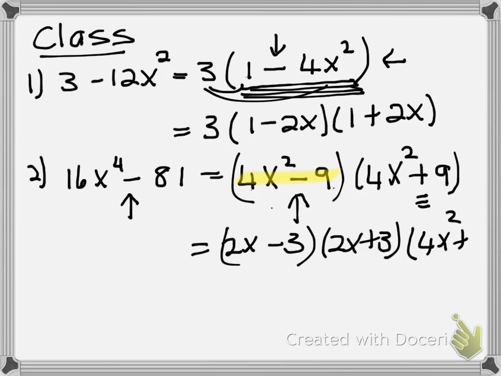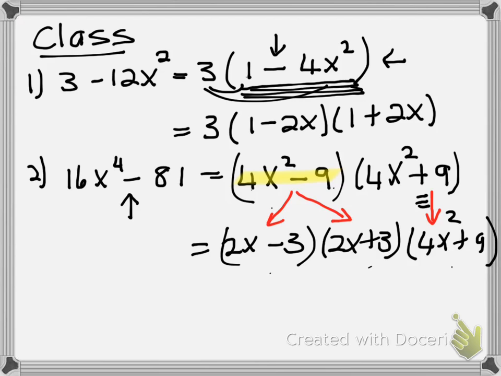It needs to come down to the answer. Now we have 3 factors there. That one cannot go further. This one could factor into those two, but that one just came down to the answer as it is, because it's a sum of two squares, it cannot factor. Right?